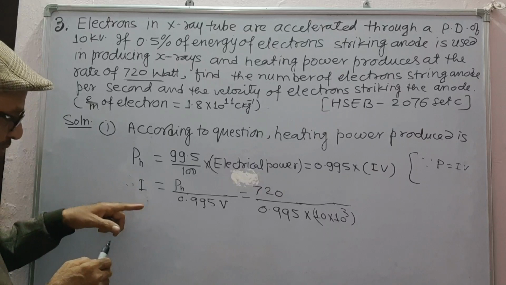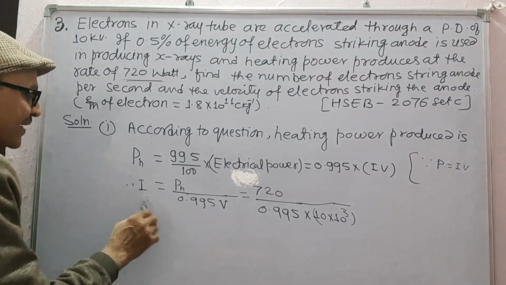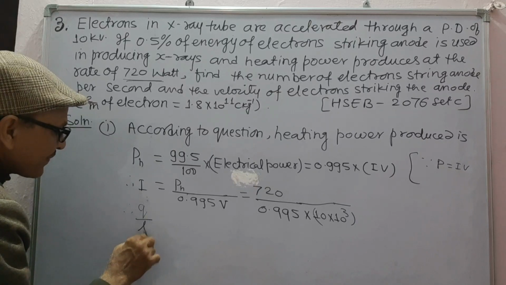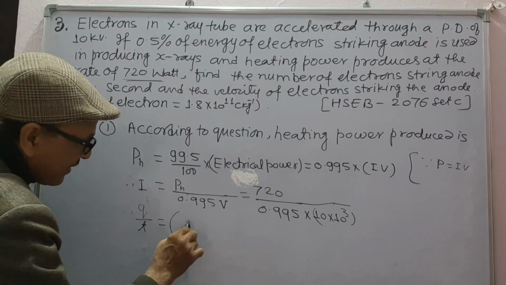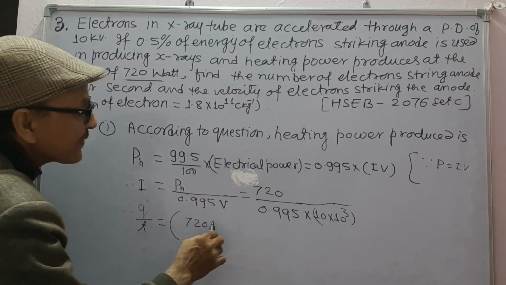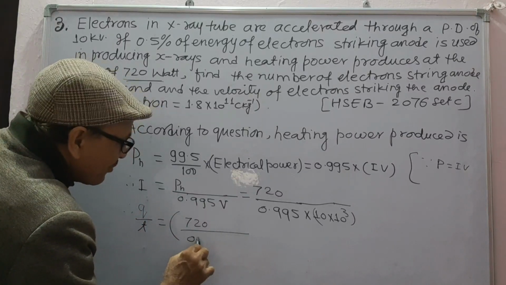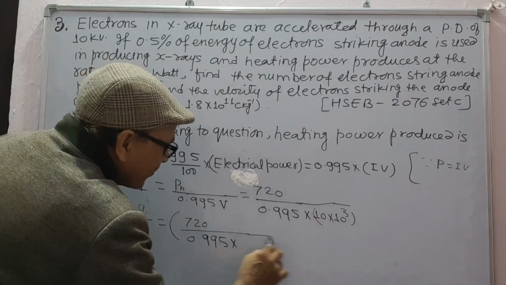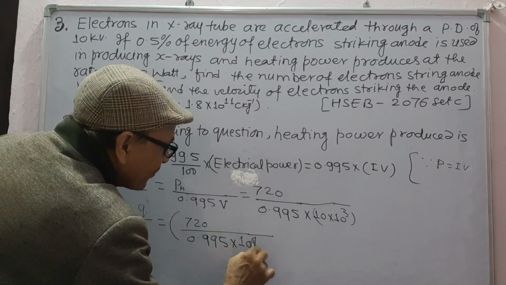But I is equal to Q upon T, charge upon time. So current is 720 upon 0.995 into 10 to power 4.